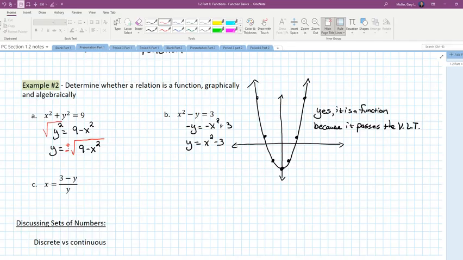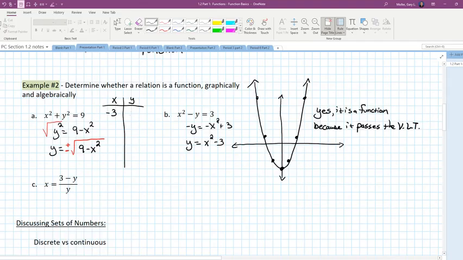So once we're here, if we make a table of values, we might notice very soon that there's only a limited number of values I can plug in. In fact, if I plug in anything less than negative 3, when I square it, I get 9. 9 minus 9 is 0. So anything lower than negative 3 is going to lead to undefined.